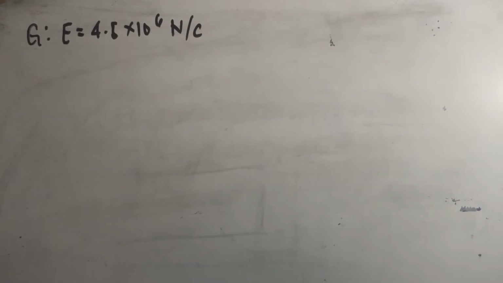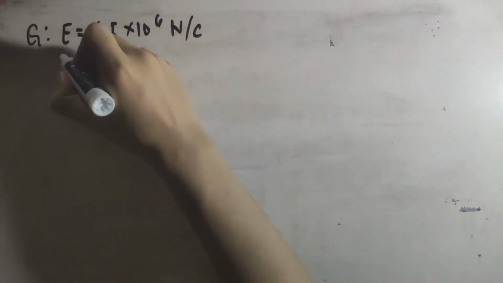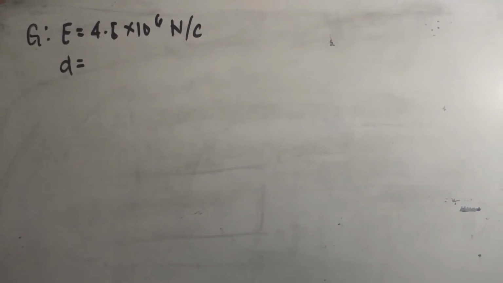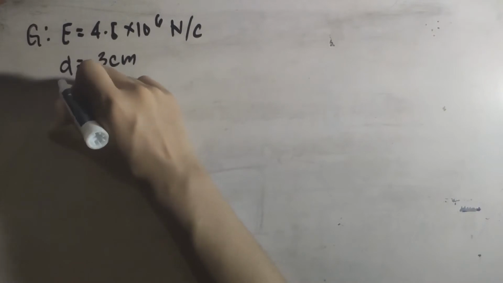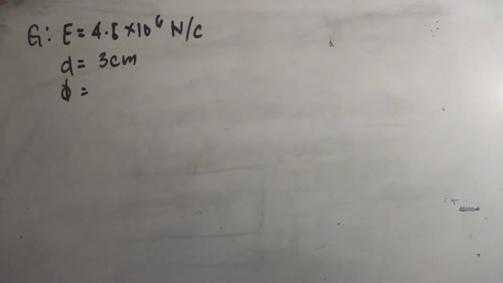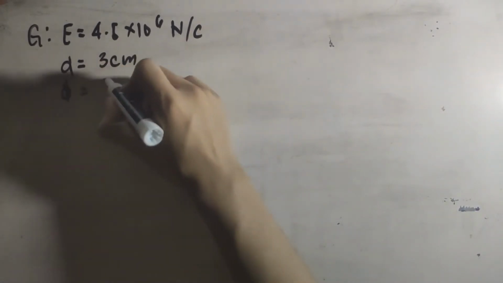Okay, then it was placed on a circular surface that has a diameter of 3 centimeters. Alright, and then we have an angle coming from the normal line. Again, this is already phi, which is equal to 33 degrees.